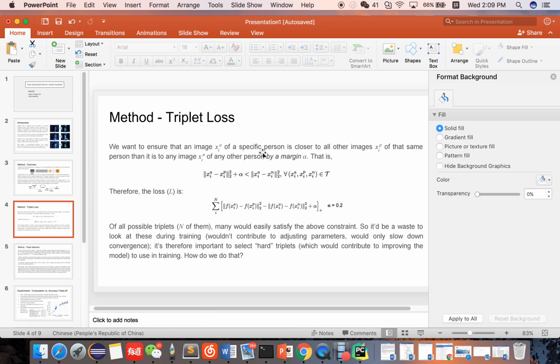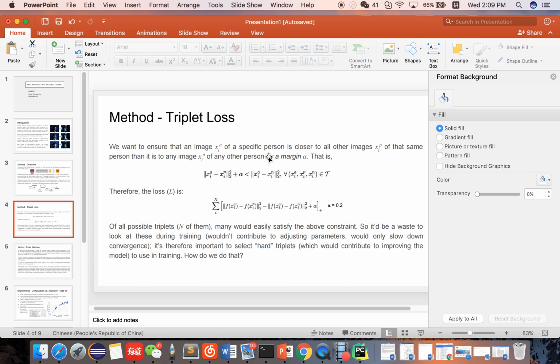Here, x_i^a means the anchor, x_i^p means the positive, and x_i^n means the negative. The distance between the anchor and the positive plus alpha, which represents the margin, must be less than the distance between the anchor and the negative.